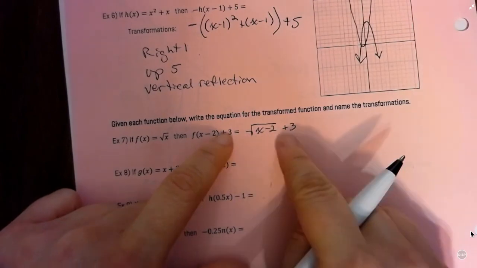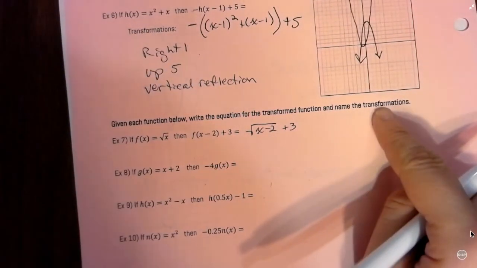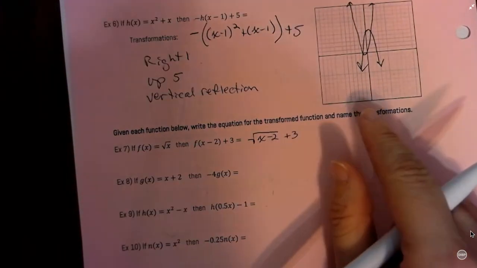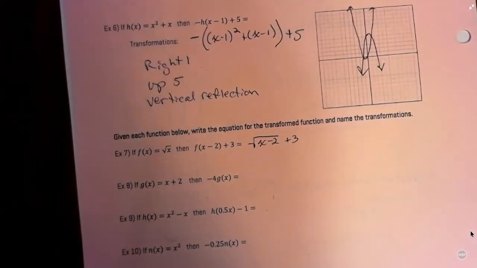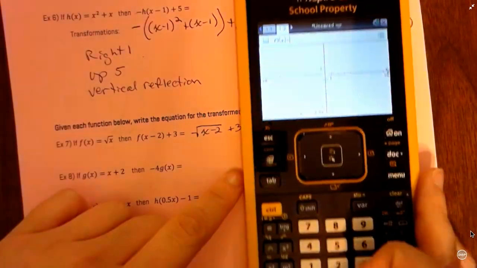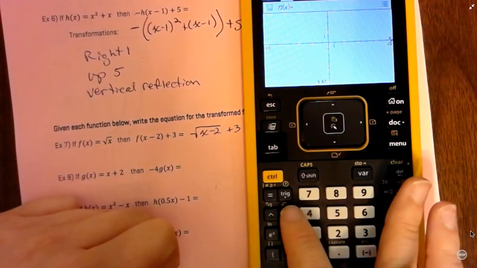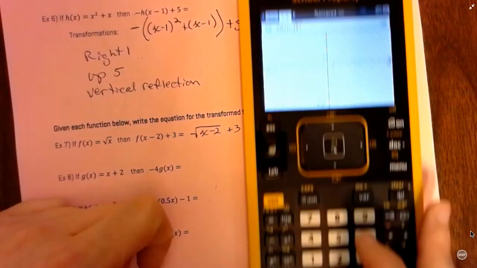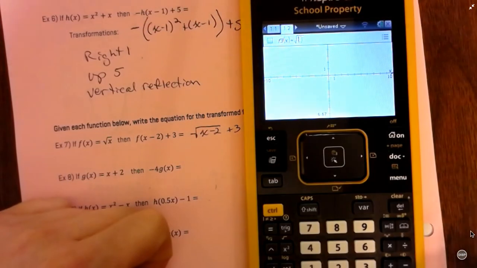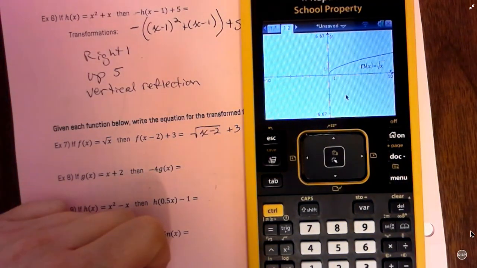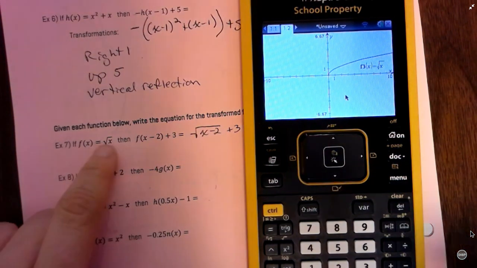So I've written the equation, and now I have to name the transformations. And I'm going to actually go ahead and graph this for you. I'll show you how to graph it. So square root is right here. So control x squared. So then type x right there. There's your parent function. That's this one. And then press tab.